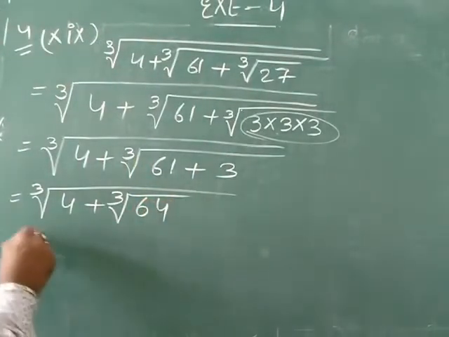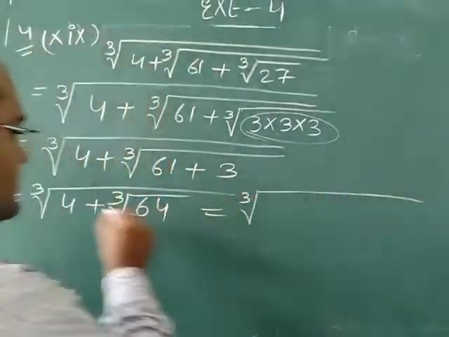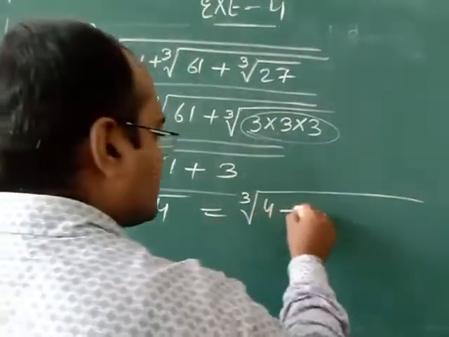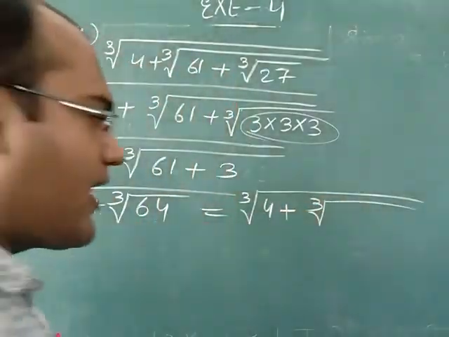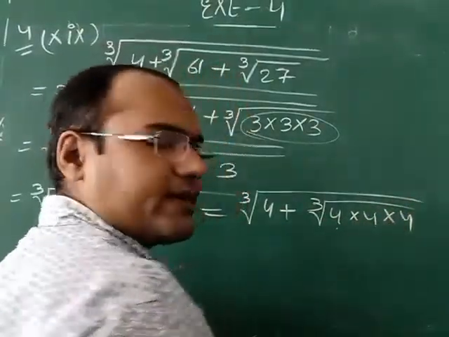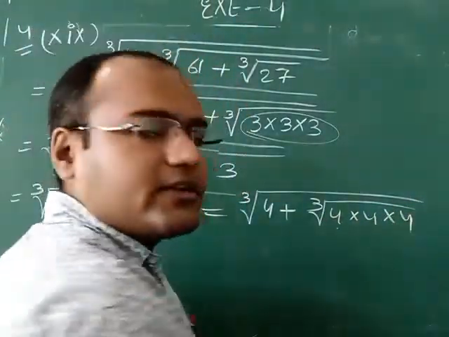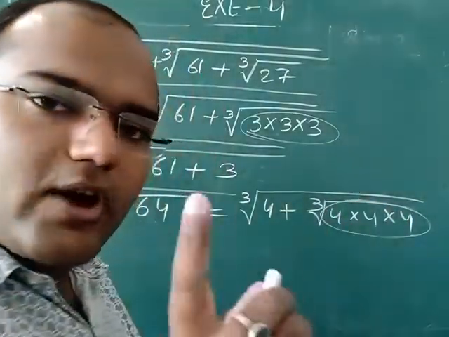Now the next step is: cube root we write as it is, 4 plus again cube root 64, which we will write as 4 into 4 into 4. 4 fours are 16, 16 fours are 64. So these 3 fours, you have to write one time.